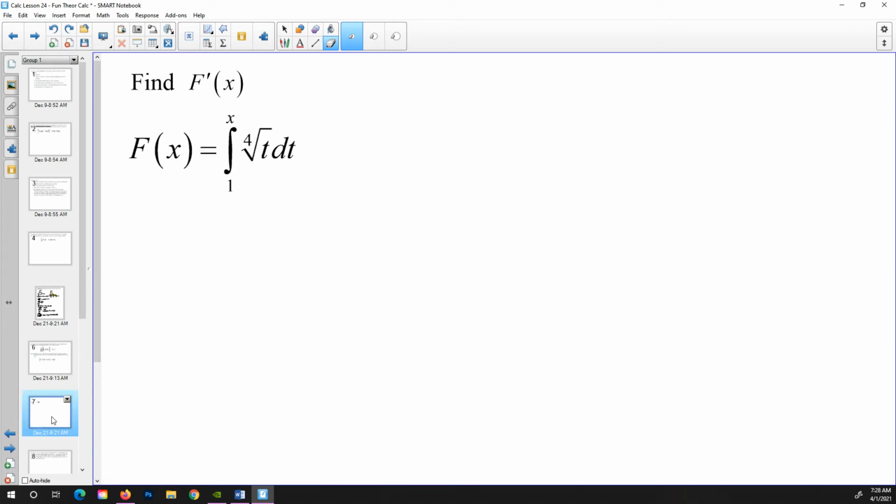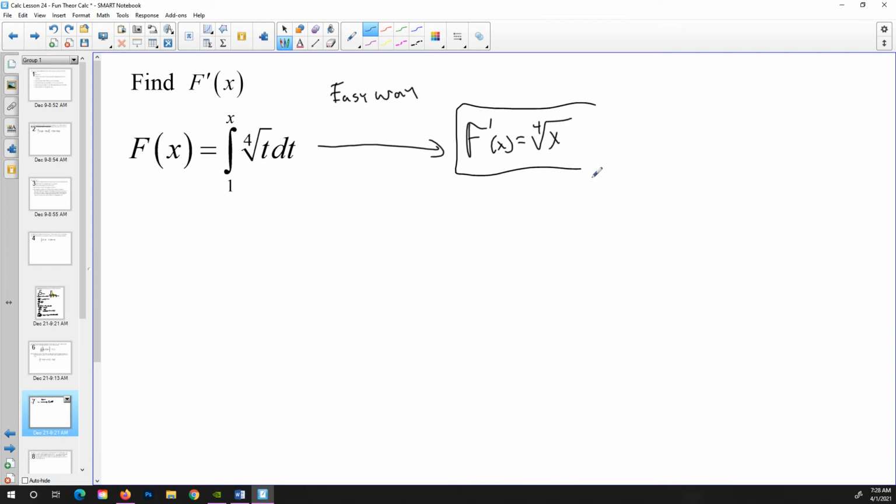And so what we could do is everything fits. So if we wanted to take the easy way, we can just go and say that f prime of this thing is equal to the fourth root of x, and we would be done.